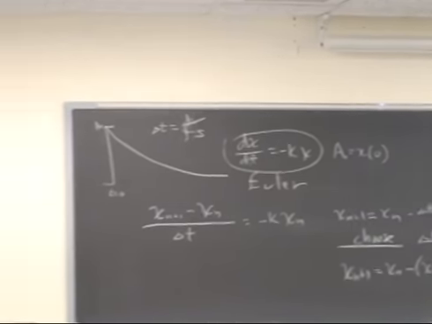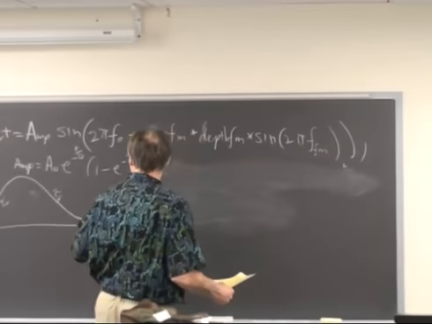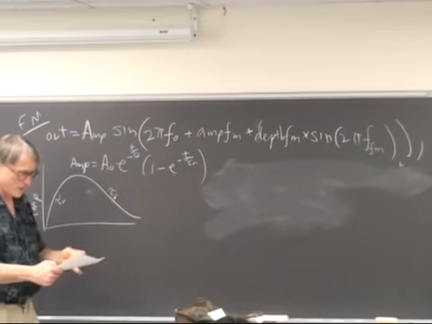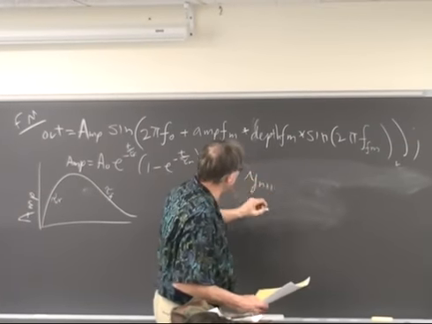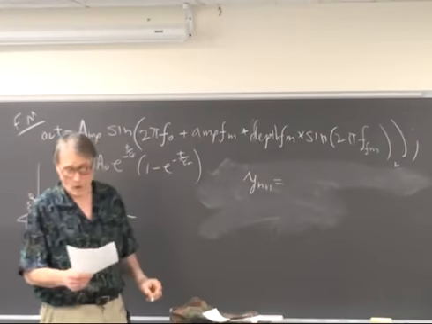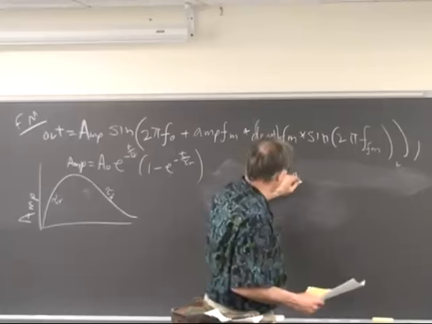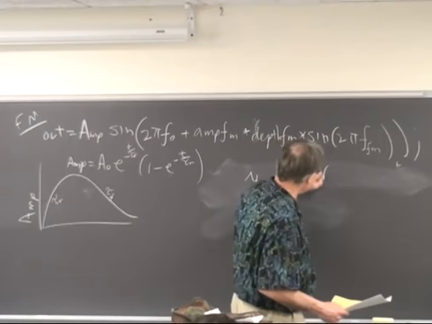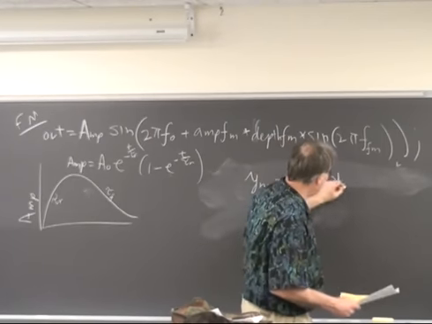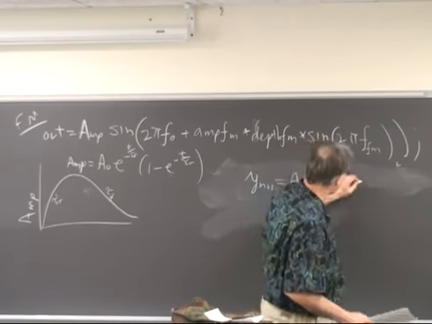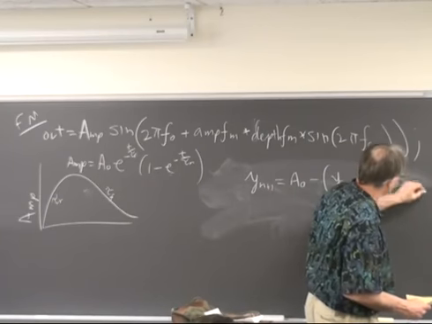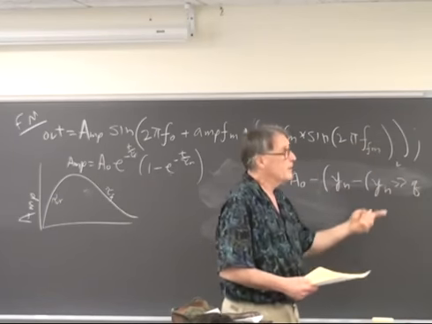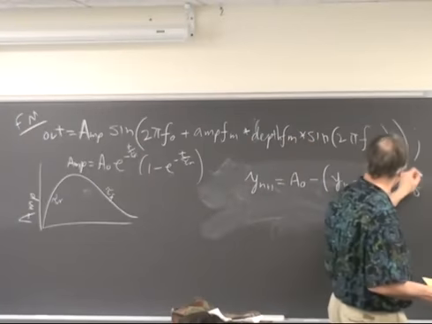For the rise and fall, we need 1 minus exponential. So by analogy, there's going to be some other variable, y_(n+1), which is going to be given by a_0 minus y_n minus y_n shifted by some q, which is the equivalent rising time constant.